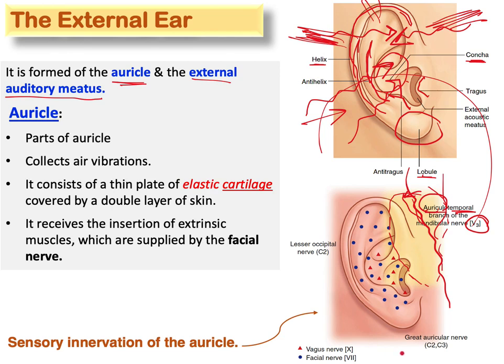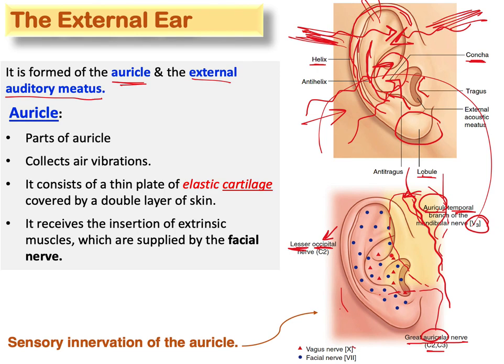While the cervical plexus gives the great auricular nerve, from C2, C3, to carry sensations from this area, and posteriorly, nearby the occipital bone, there is another branch, also of the cervical plexus, called the lesser occipital.